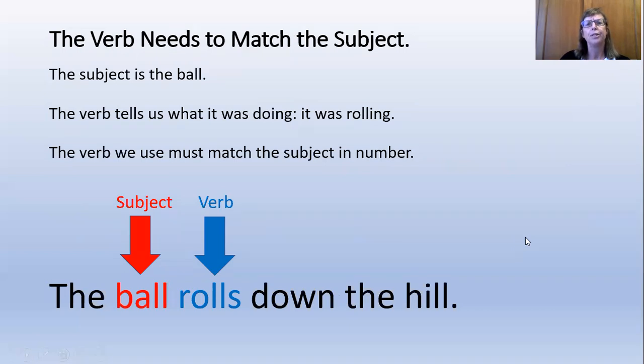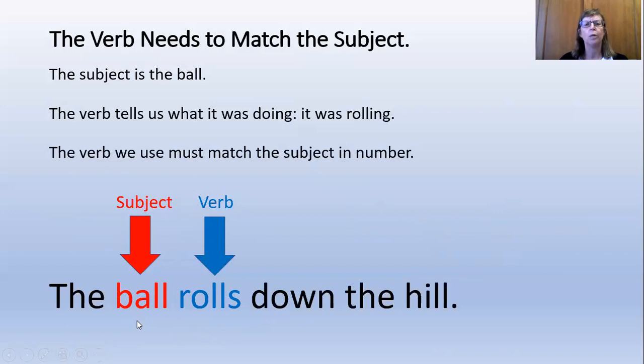Now the verb needs to match the subject, because that's what this is called. It's called subject-verb agreement. So the two things have to go together. So we now know that the subject is the ball, because the action happening is the ball rolling. The verb we use must match the subject in number.